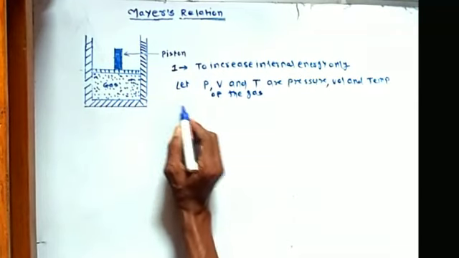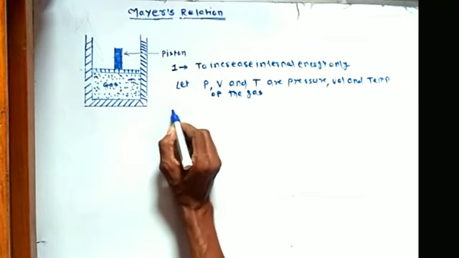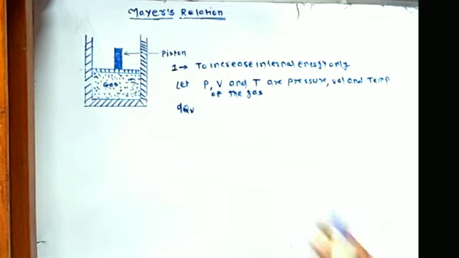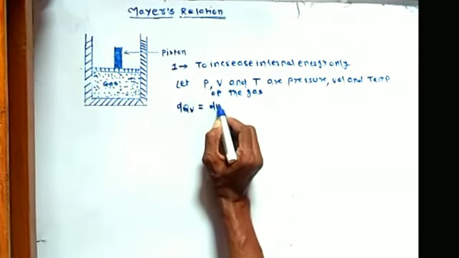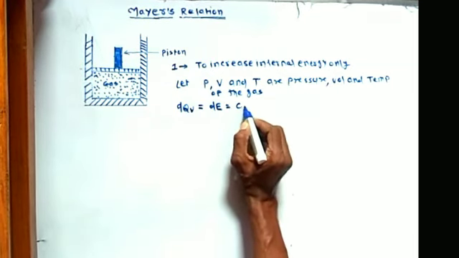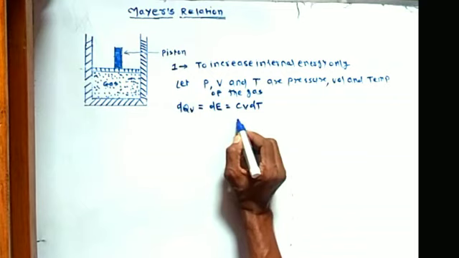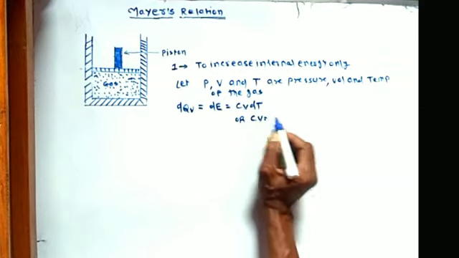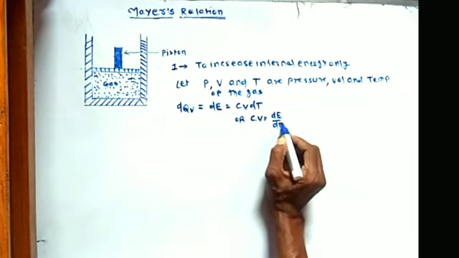So, the amount of heat required to raise the temperature by a small amount dT at constant volume is given by dQv equal to dE equal to Cv dT, or Cv equal to dE by dT.